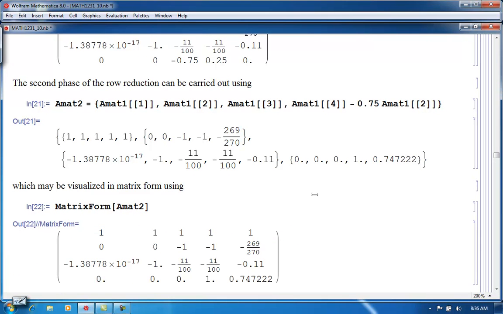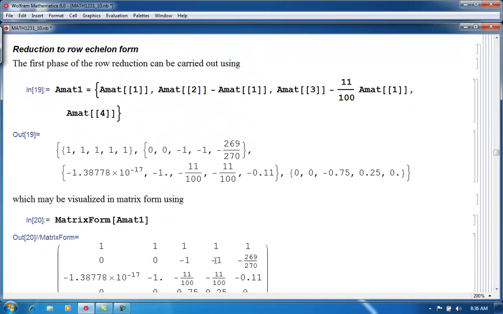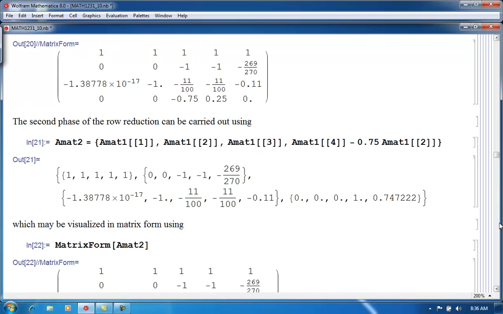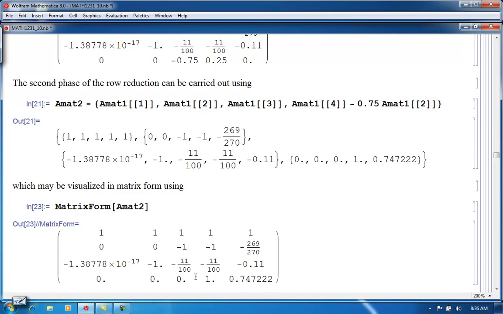We didn't do that at all. Sorry, we do it now. We just subtracted 0.75 times the first row from the fourth row. And if we look at that again, we can see that it's almost in row echelon form.